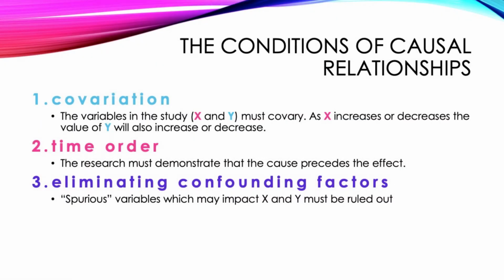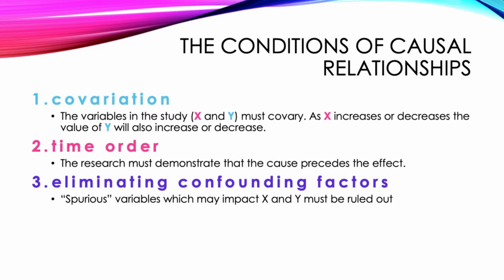Now, in order for a relationship to be causal, it generally has to meet all three of these conditions. So let's walk through these for a moment. The first is covariation, which obviously is just like correlation. What we're saying here is that the variables in the study, X and Y, our independent variable and our dependent variable, must covary in order for us to presume that there is in fact causality underlying the relationship.